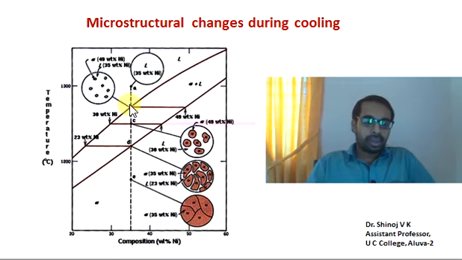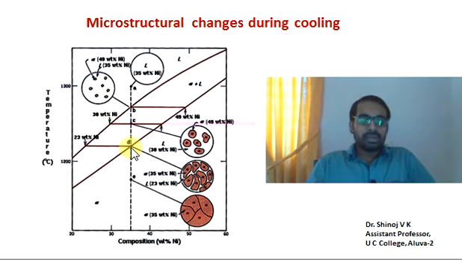Now, in this region it is completely liquid, and on cooling down, the solid begins to form at this point. On further cooling, the percentage of solid keeps on increasing, and at this point it will be completely solidified.